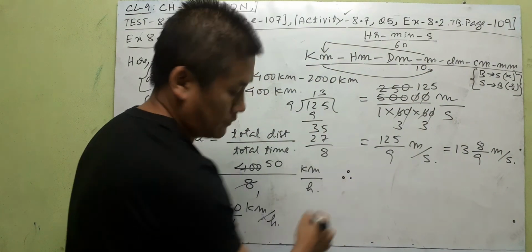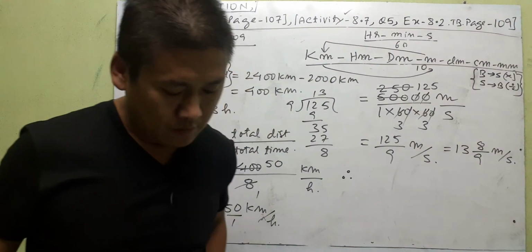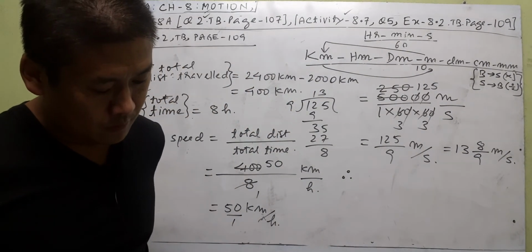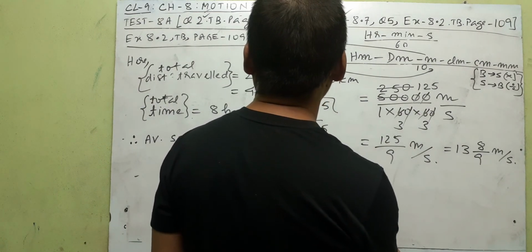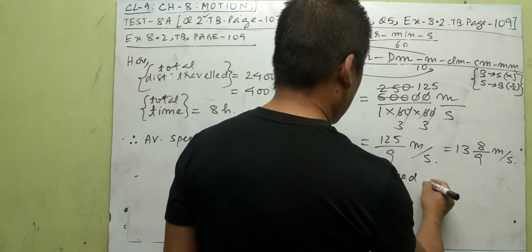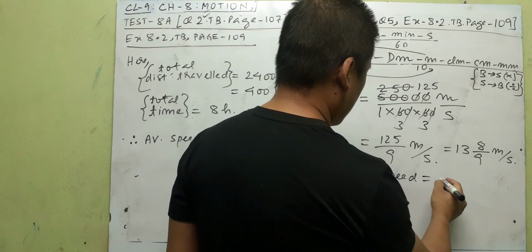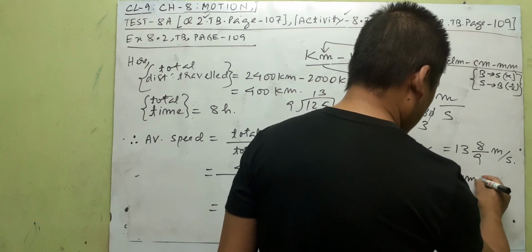So therefore, we are asked to calculate the average speed in kilometer per hour and meter per second. So you can write here, therefore, average speed equal to 50 kilometer per hour.